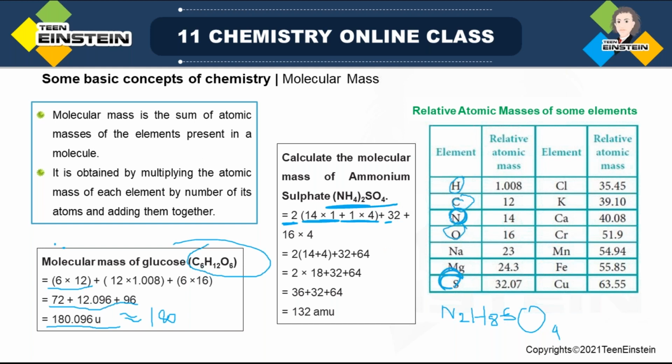Nitrogen is given as 14, and for oxygen it is 16 into 4, because 4 oxygen atoms are there. Finally you get the value, which is 132 AMU. Okay. In this way we can calculate molecular mass.